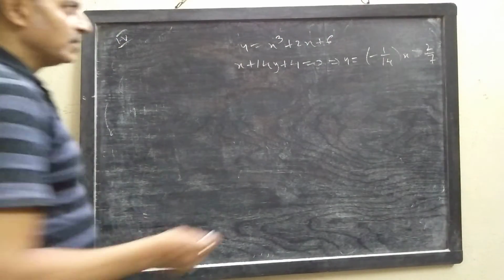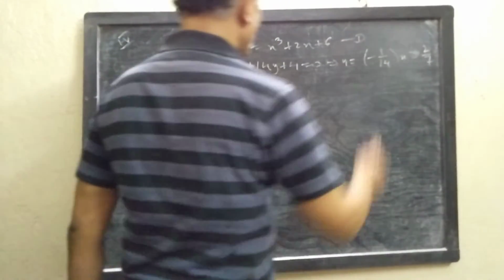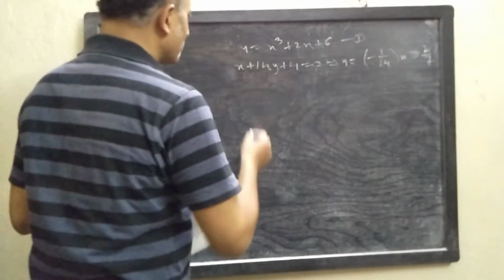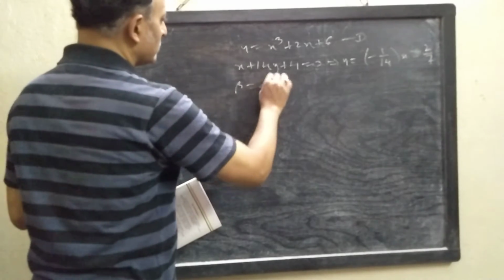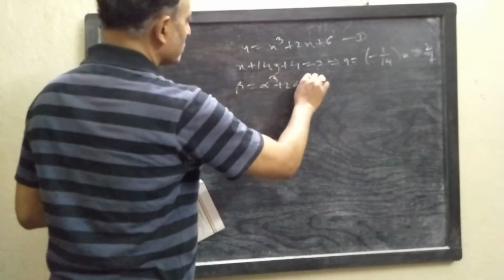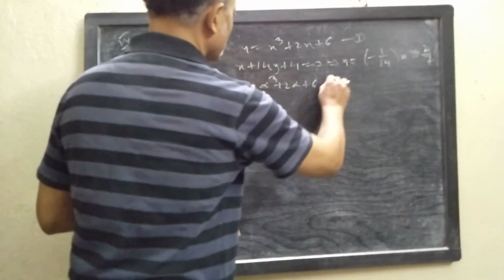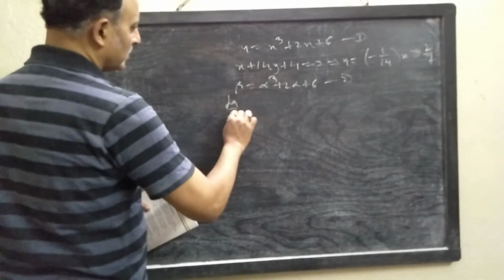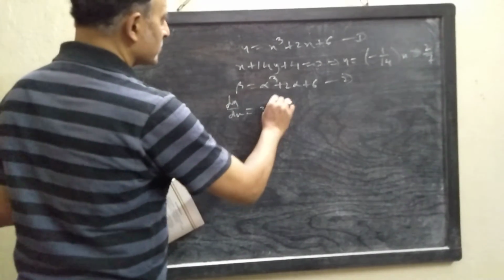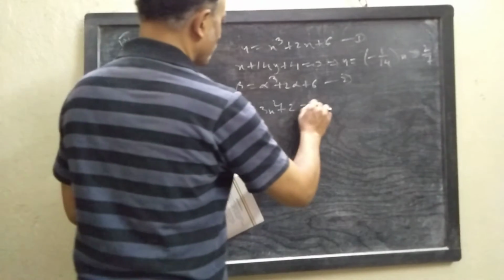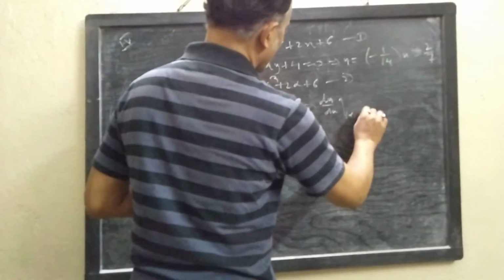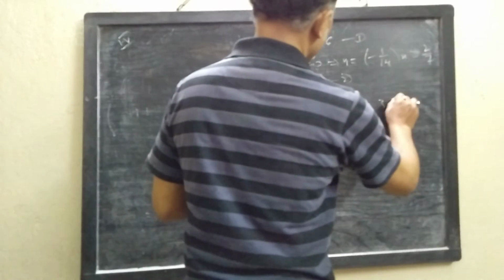So first, let us consider the point on the curve P(alpha, beta). As (alpha, beta) lies on the given curve, you get beta equals alpha cube plus 2 alpha plus 6. This is number 2. Differentiating, we get dy/dx equals 3x square plus 2. That implies dy/dx at (alpha, beta) is 3 alpha square plus 2.